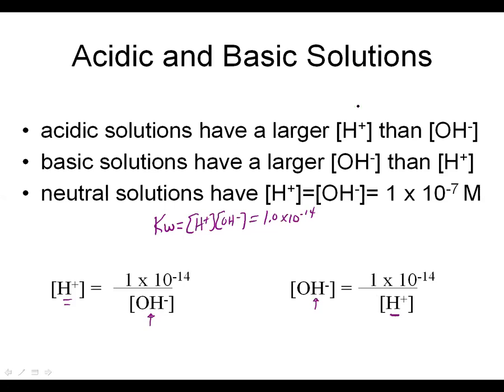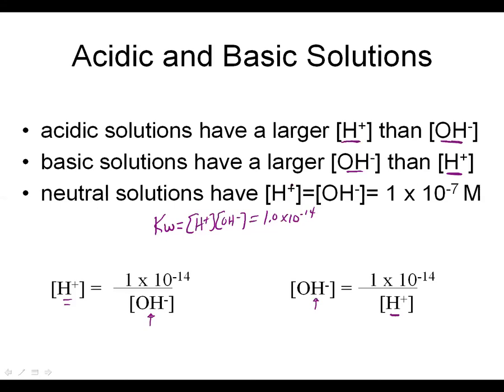So really, if your H plus concentration, which is your acid part, is bigger than your OH minus concentration, then the solution would be acidic. If your OH minus, which is the base part of the solution, is larger than your H plus concentration, then it will be basic.